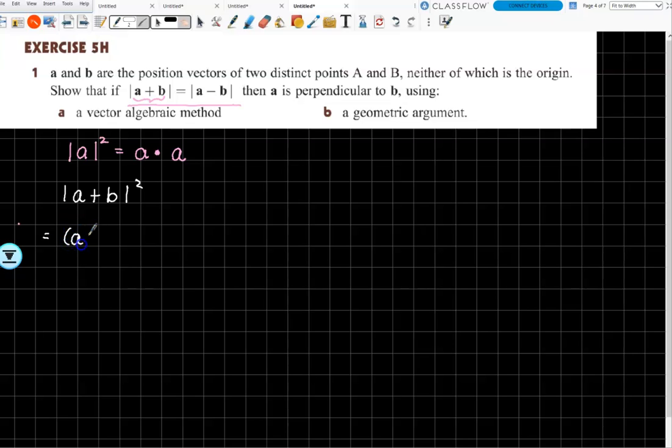It would be A plus B dotted with A plus B. We good with that? And then we're going back to our properties. How do we expand that? Right, it'll be A dot B plus B dot A plus B dotted with B.